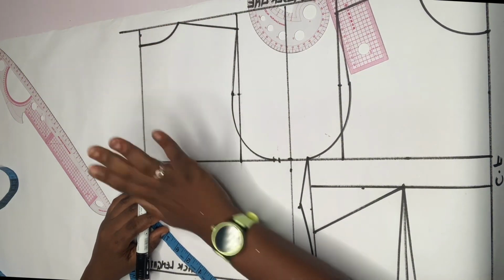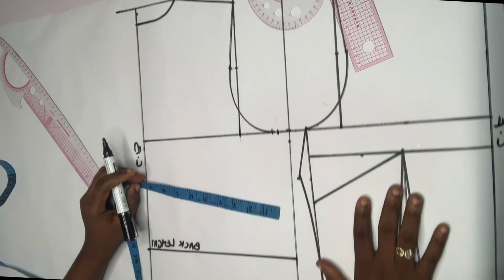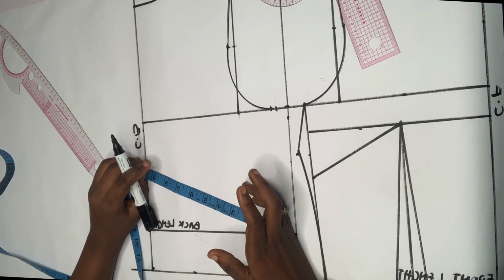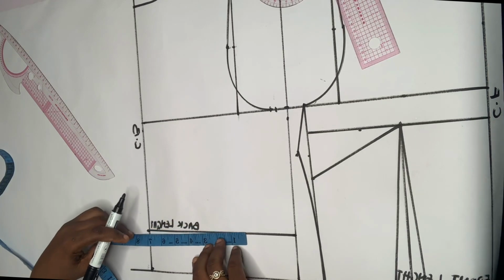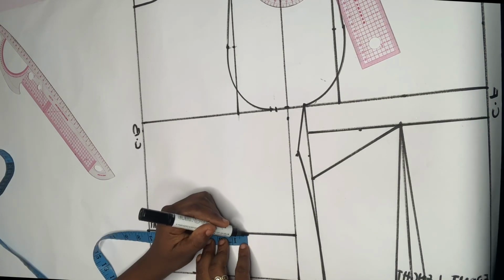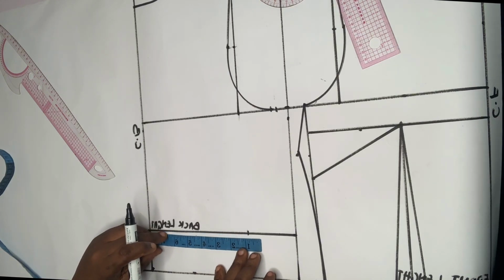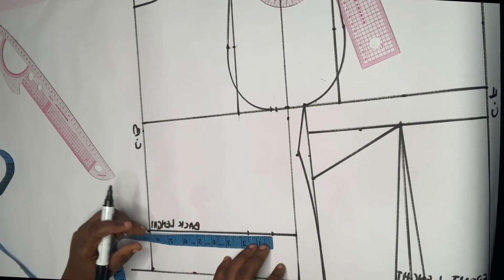Now, once we are done creating our armhole for the back, we proceed to the waistline of the back, that's the back length, to take our waistline for the back. So our waist is 28 divided by 4 will give us 7. We mark 7, and then our dart intake is 1.5.